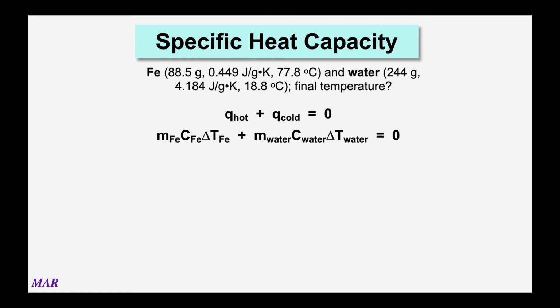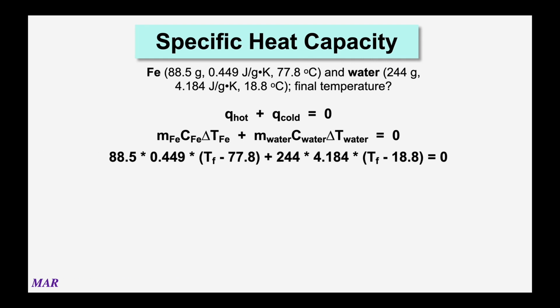Let's just break this down. Each of those MCΔT's, we're going to throw in the different values. So here's the mass of the iron, the heat capacity of the iron, delta T, final temperature minus 77.8. Then MCΔT for water. Here's the mass of water, the heat capacity of water, initial temperature 18.8, and the final temperature, again, same as the other one for iron.